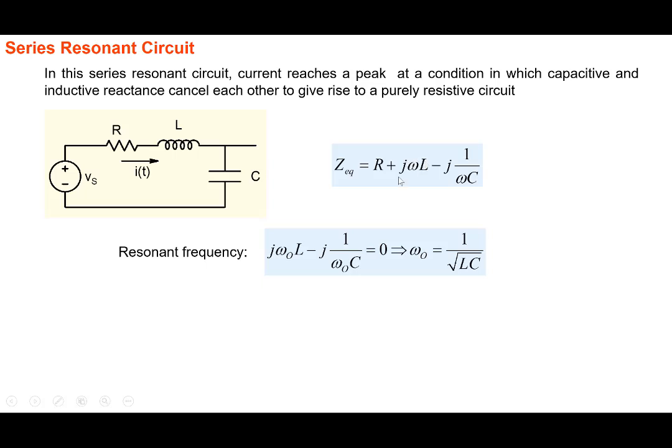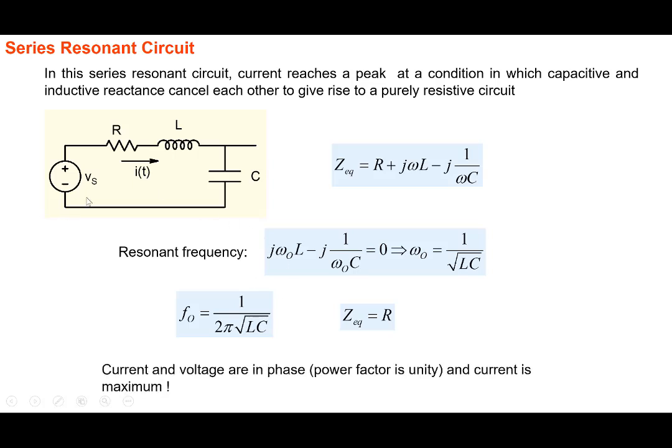So that is the resonant frequency point. We equate the imaginary part to 0, and we get a resonant frequency of omega naught equal to 1 over root LC, and a frequency of 1 over 2 pi square root LC. The net impedance in the circuit is simply R. The current and the voltage are in phase with each other, meaning that the power factor is unity.